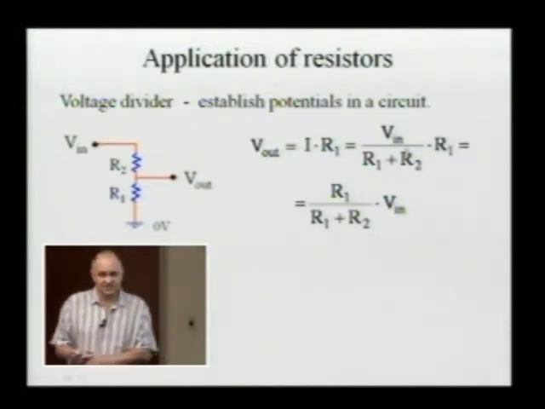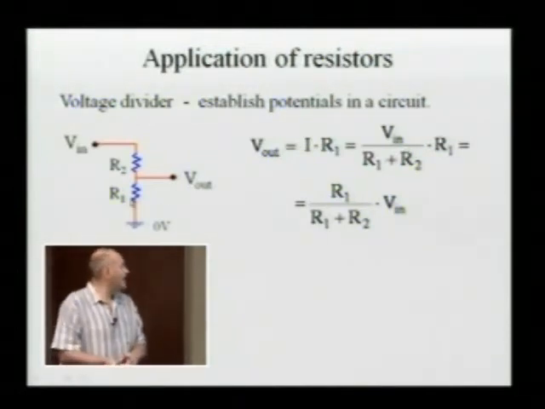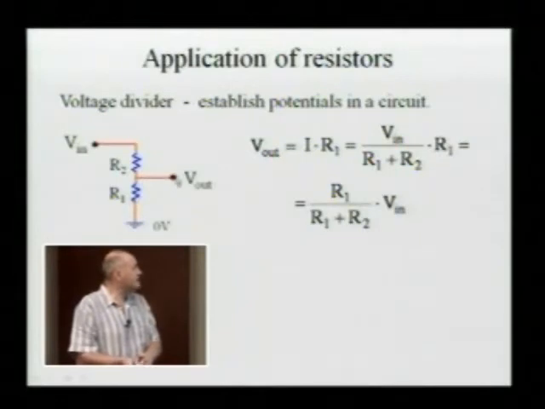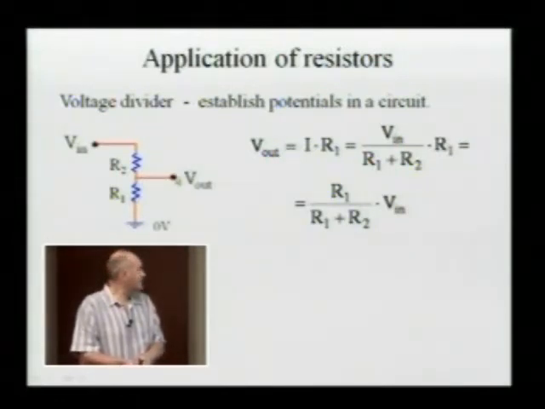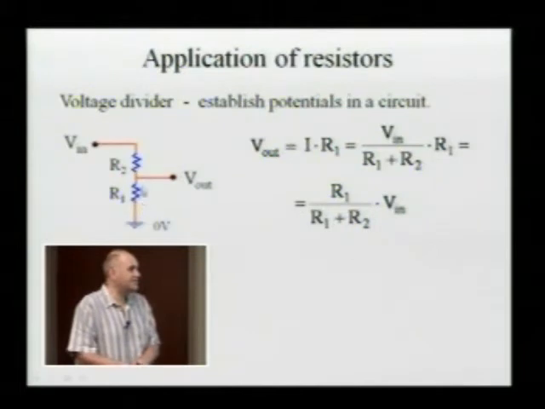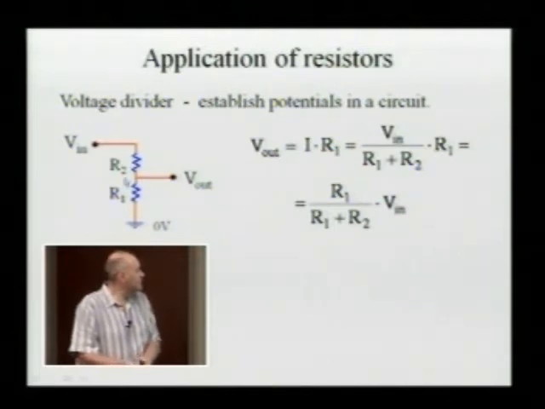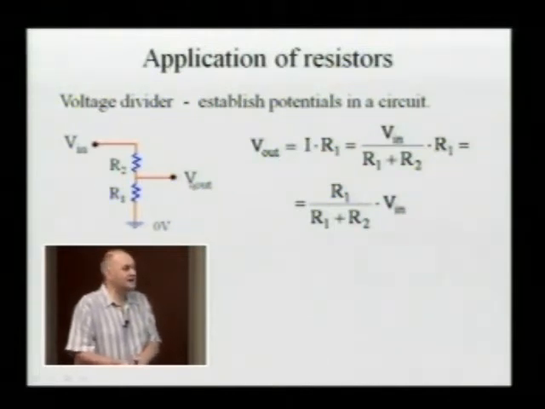Now, if I have something which takes a substantial current, then I can consider this entire combination of the resistor and whatever is connected as two resistors connected in parallel, and then this would be R1.